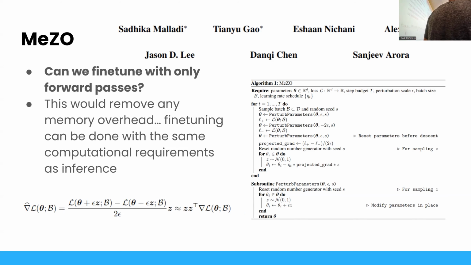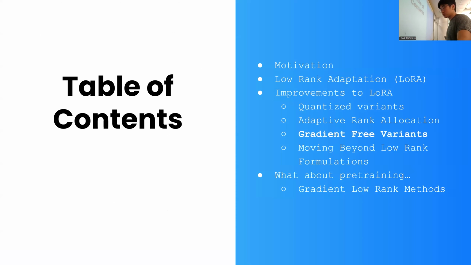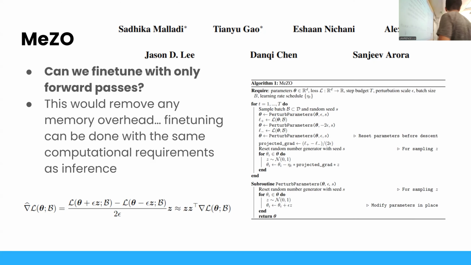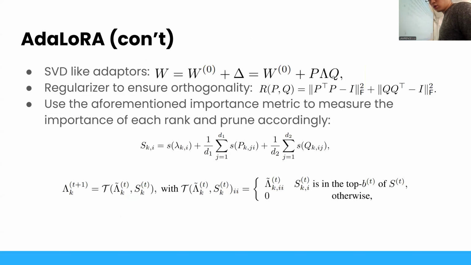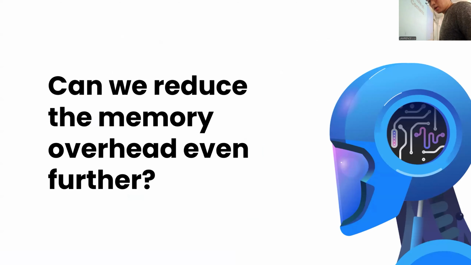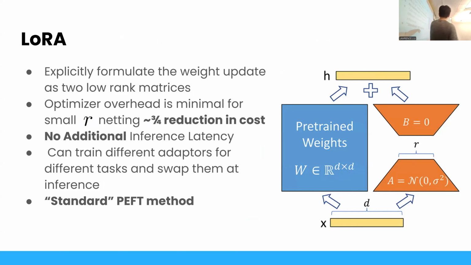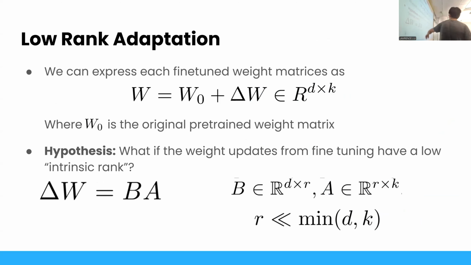Wait, can you explain that? Because some of those words I don't fully understand. Okay. So what does backpropagation do? What does this do that backpropagation does? So backprop is where you take the derivative, right? Yeah. And then for LoRA, you are constraining the final fine-tuned weight matrix to be of the form W naught plus a low rank delta, right?